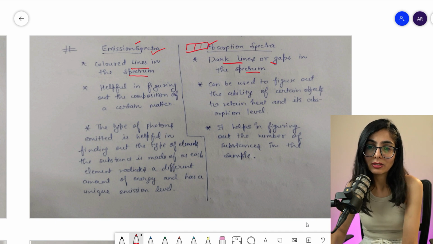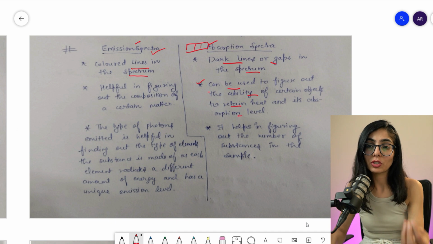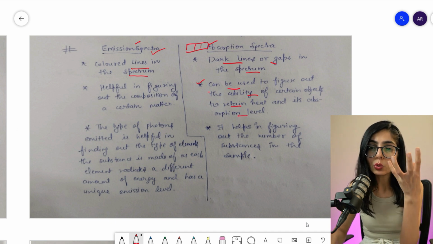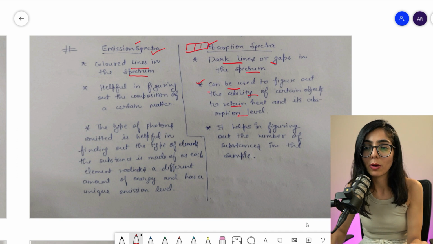And the next difference is that it can be used to figure out the ability of certain objects to retain heat and its absorption level. So absorption spectra tell about any substance's ability to retain heat, how much heat any substance can retain and what is its absorption level.